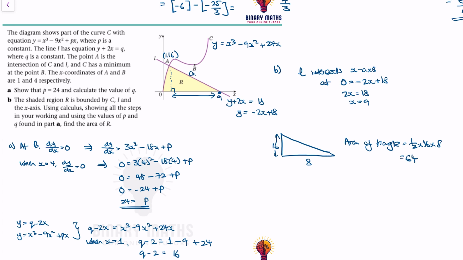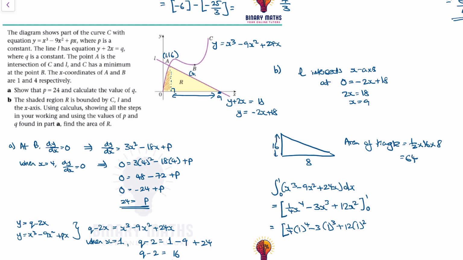Now I need to work out this area, which is the area under the curve between 0 and 1. So the integral from 0 to 1 of x cubed minus 9x squared plus 24x dx, which when we integrate it, we get a quarter x to the power 4 minus 9 over 3, which gives 3x cubed, plus 24 over 2, which is 12x squared, between 1 and 0. All I need to do is substitute 1 in first, and when we substitute 0 in, we just get 0.